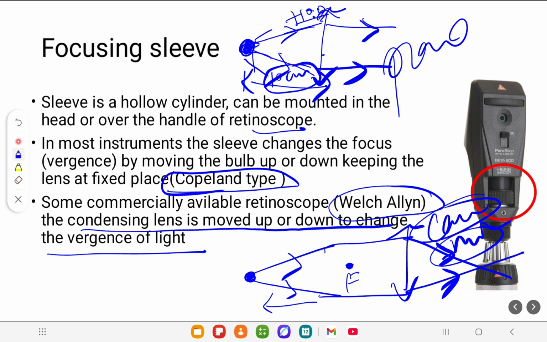Whenever the sleeve goes up, and the lens is here, it gives a parallel effect, isn't it? It gives a planar effect because the bulb is at the focal point. And whenever the lens comes here, imagine the focal length of the lens is here, now what happens? Light converges, isn't it?